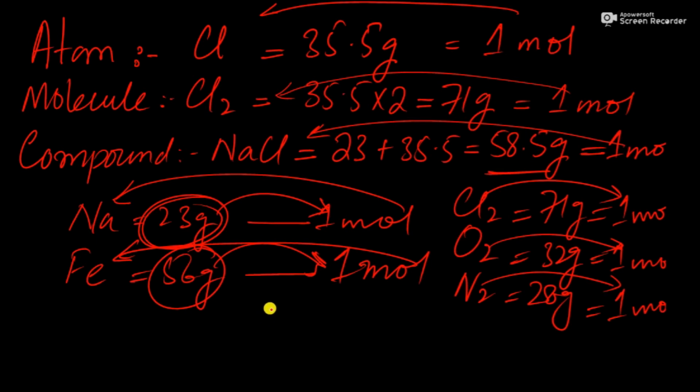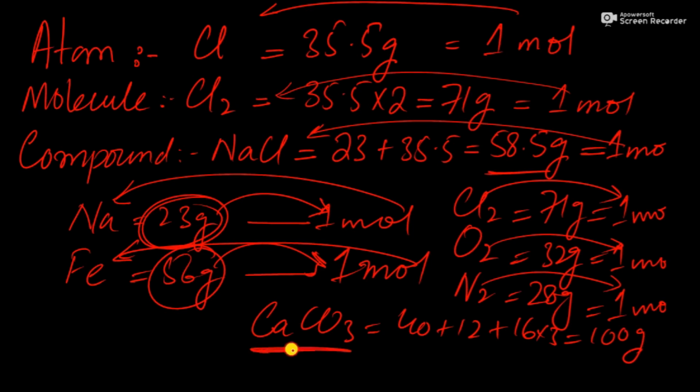For compounds, take calcium carbonate. Calcium is 40, carbon is 12, and oxygen is 16 into 3, so it will be 100. So 1 mole of calcium carbonate contains 100 gram, depending on its mass.